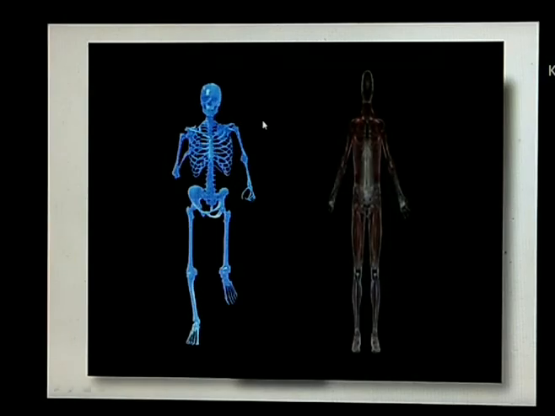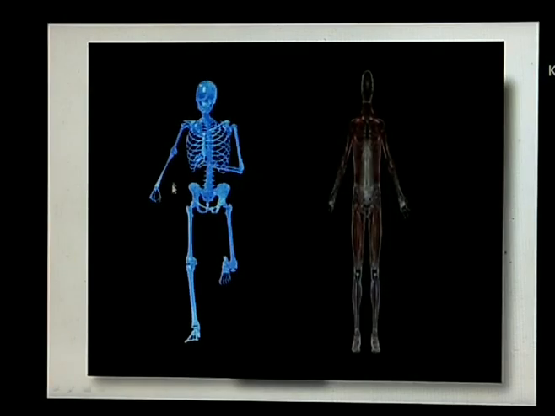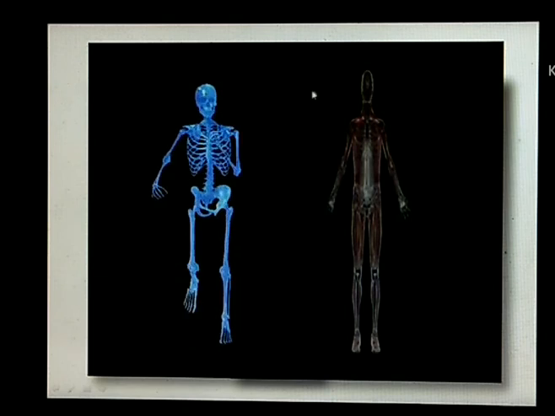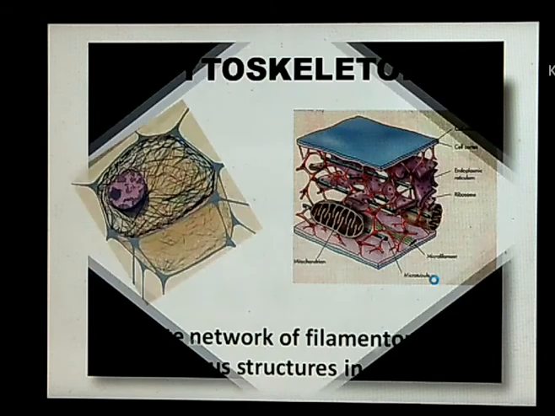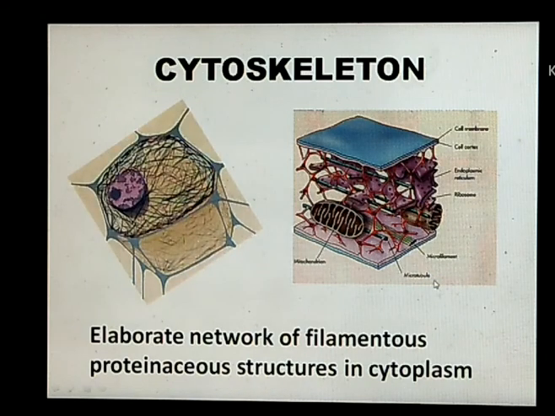As our skeletal system works as a support structure for our body and gives the body a proper shape, likewise the cells too have their own supportive framework inside, and that is the cytoskeleton. That means it is the skeleton of the cell. It is an elaborate network of filamentous structures in the cytoplasm made up of proteins.